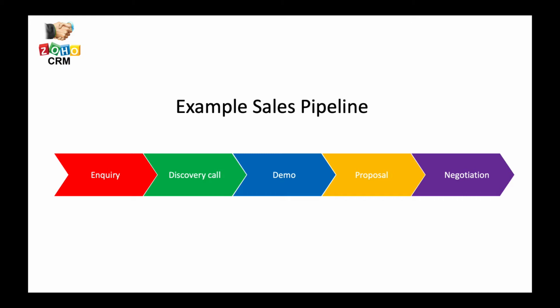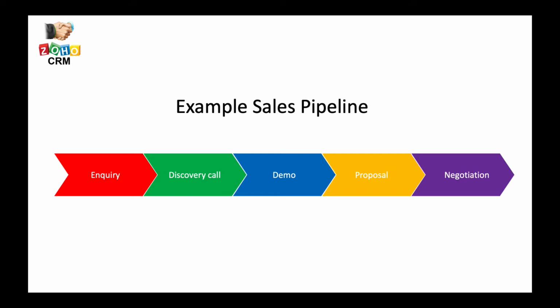It allows you to make sure that your prospects don't slip through the cracks. So it's logical for your sales staff to see, right, they're currently in this section. The next step is to do this section. Let's nurture them into the next section. And the reason it's called a pipeline is it starts at one end, it moves through the pipe, and hopefully it ends with the deal being won.